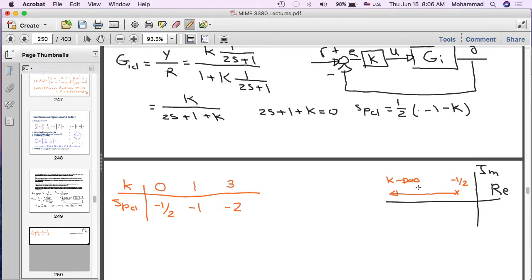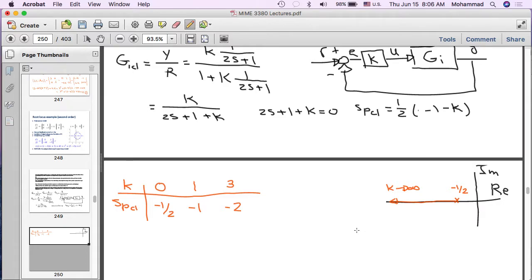So that's how the location of the closed loop pole changes. It is real, so it stays on the real axis, and essentially this is the root locus. This shows you how the closed loop pole changes its location as K increases in value.